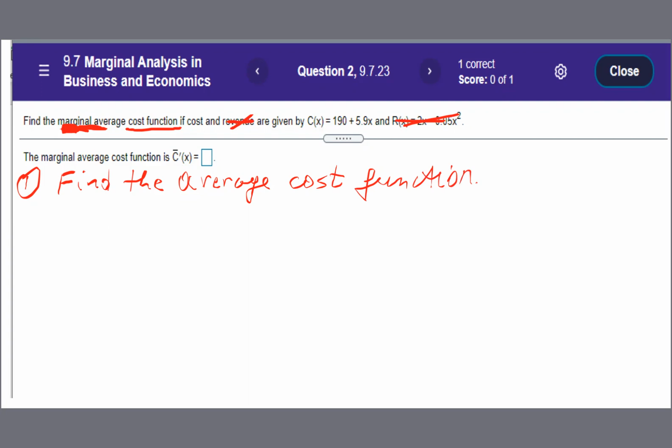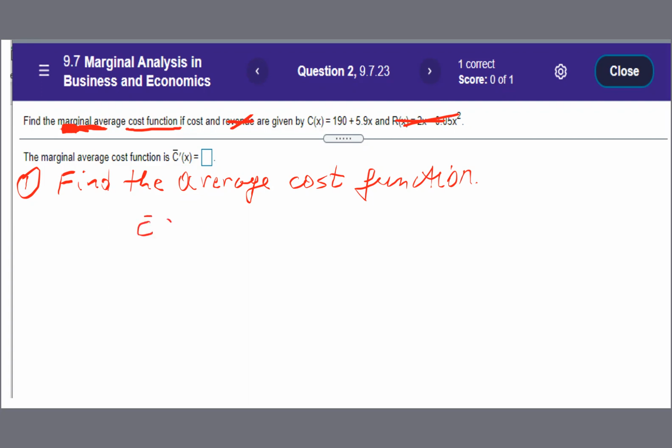The average cost function gives us the average cost for producing 1 unit at a given level of production, x units. So we did this before.